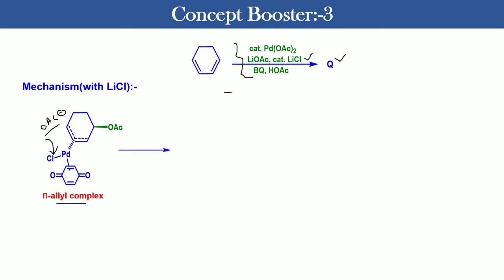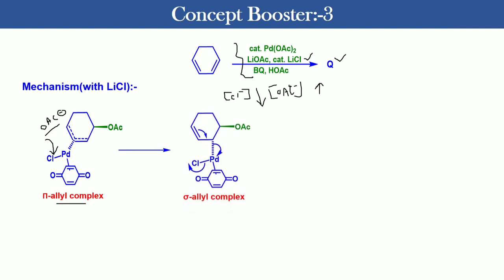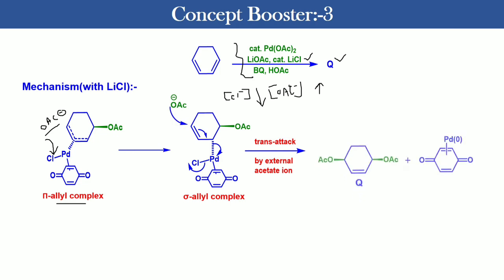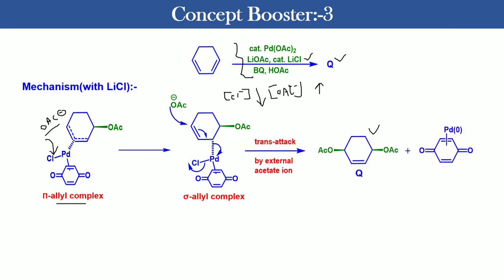Now in the reaction medium the concentration of chloride ions is very low because it is used in catalytic amount, but the concentration of acetate ions is comparatively high. So trans attack by the external acetate ion takes place from the top face, leading to the formation of the cis-diacetoxylation product, and palladium 0 is formed, and the rest of the steps are the same as before.